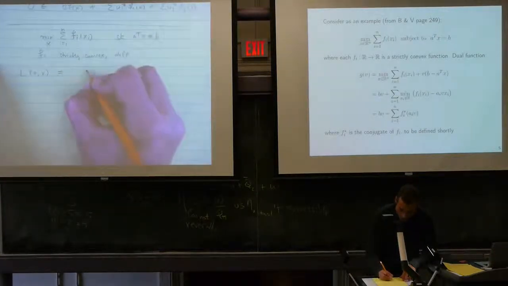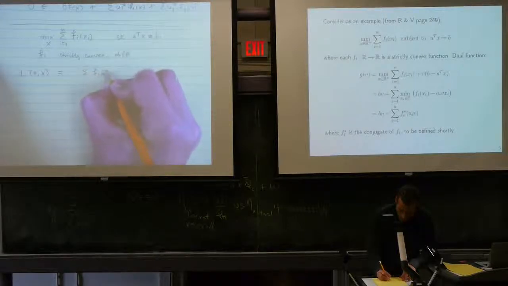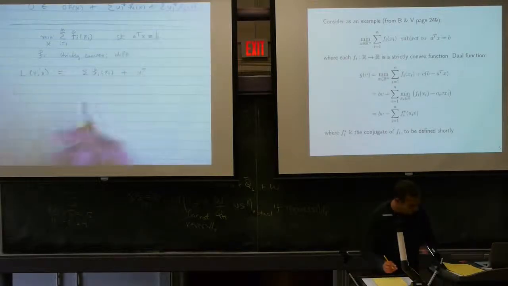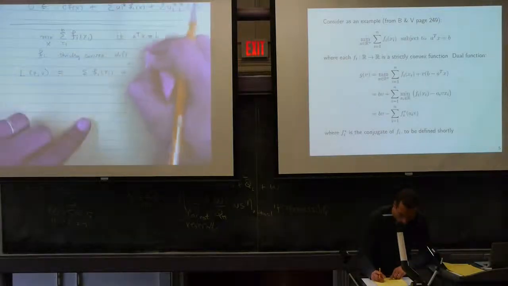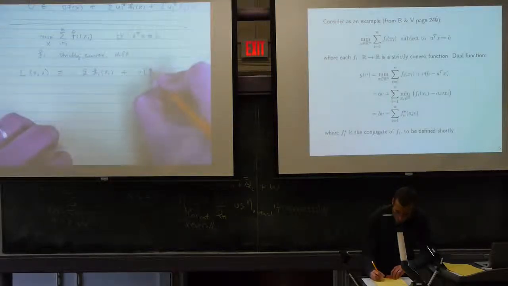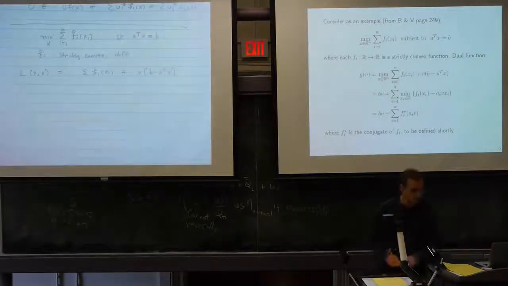And that's going to be the sum of f_i(x_i) plus v times (b minus a transpose x). V is just a single, it's univariate, because this is just one constraint.